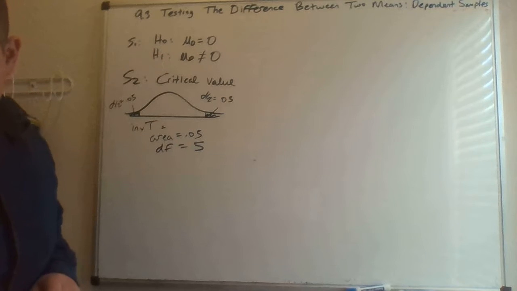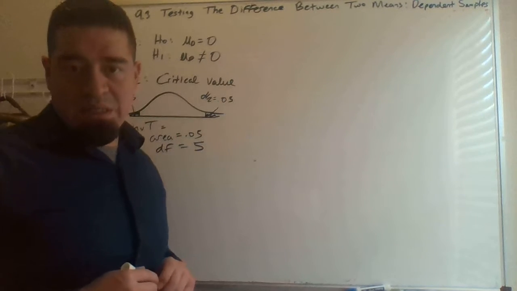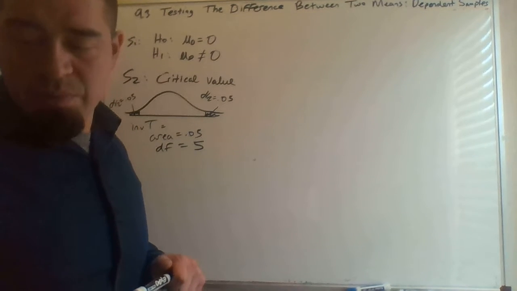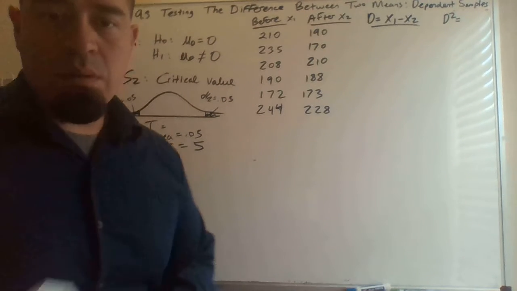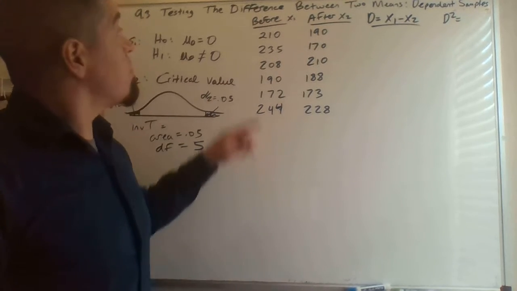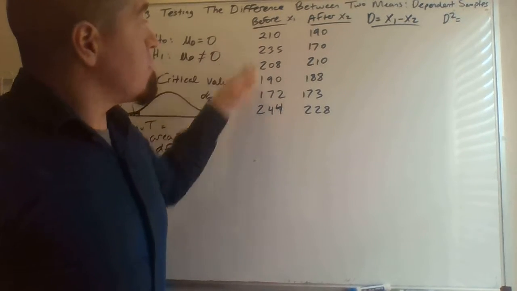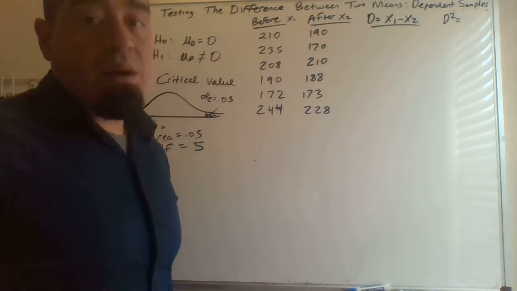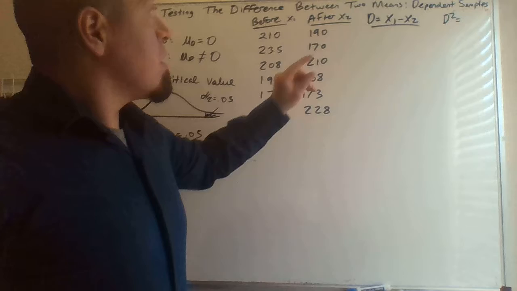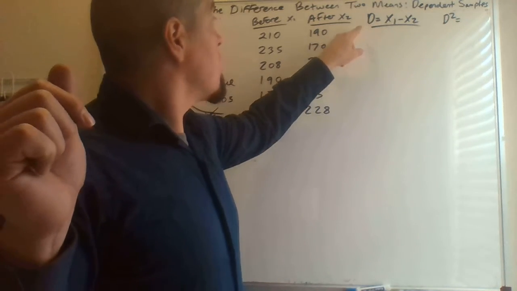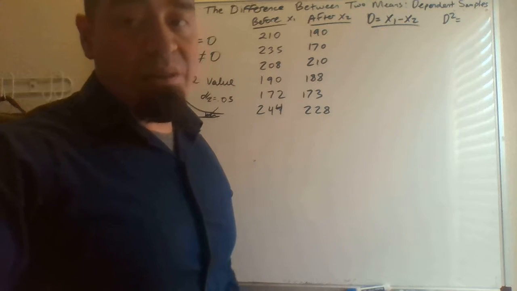Okay, so now we're going to compute the test value, which is the fun part, like last time. So we'll fill in the table. To fill in this table, you would probably want to type the before list and the after list into L1 and L2, and we'll do the same thing as before, which is make an L3 list equal to L1 minus L2 to find the differences.